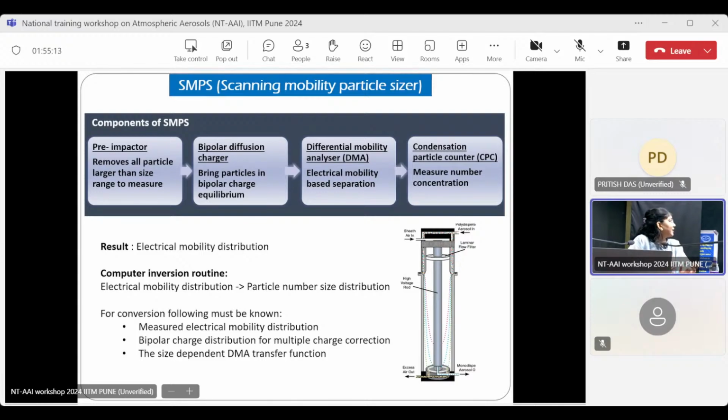For that there is an inversion routine, for which we need to know three things. One is obviously the thing which you want to convert, that is your electrical mobility distribution. Then we need to know the bipolar charge distribution. And finally, there is one more thing, the transfer function. We will see a little bit about these things.